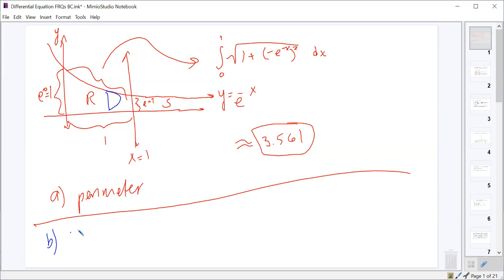So that should be 1/2 pi times the integral from 0 to 1 of the radius of this semicircle, which is half the length across the region. So that should be e to the negative x over 2, squared, dx.